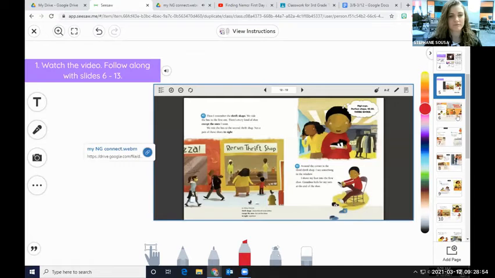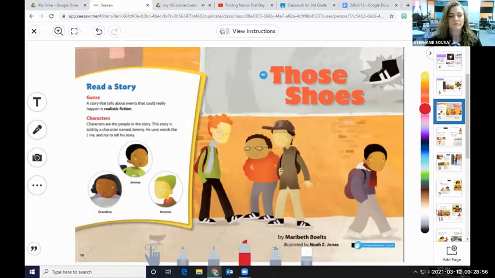Today we're going to read Those Shoes by Maribeth Boltz. It is illustrated by Nora Z. Jones. Genre: a story that tells about events that could really happen is realistic fiction. Characters are the people in the story. This story is told by a character named Jeremy.